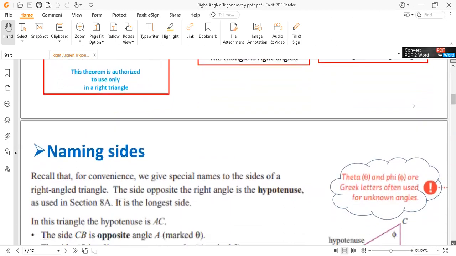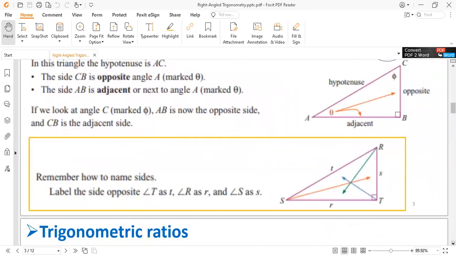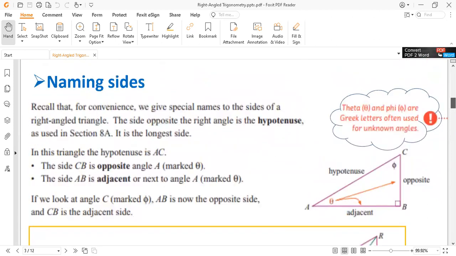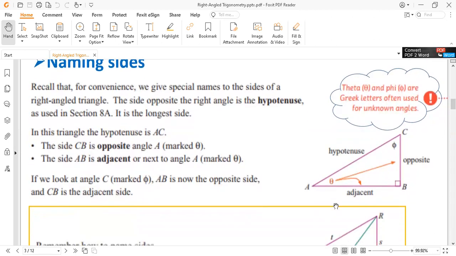Okay. We should know that in a right angle triangle, the standard way of naming sides is as follows. In any triangle we have three angles and three sides, but specifically in the right angle triangle, we have a 90 degree angle and two other complementary angles.